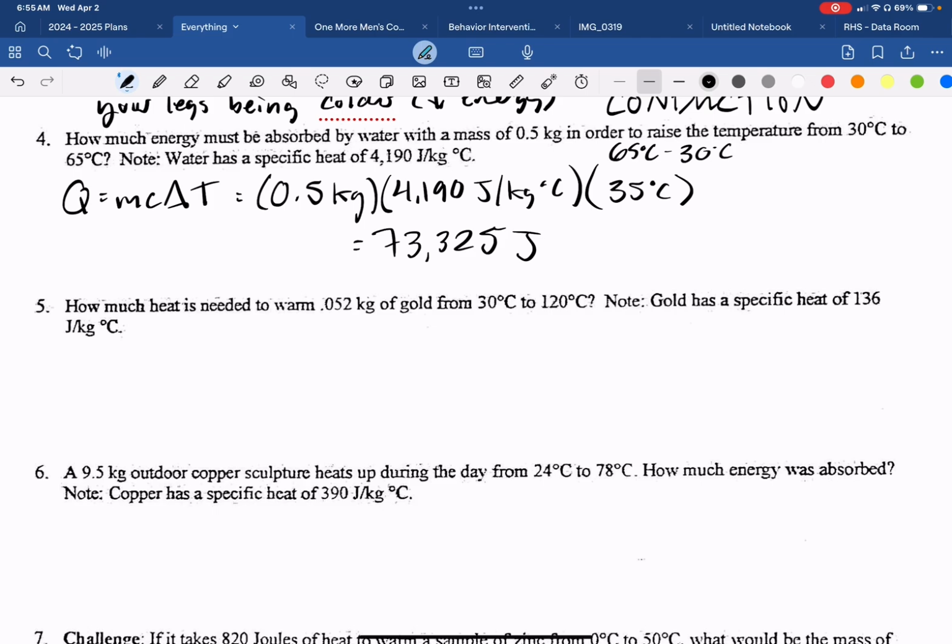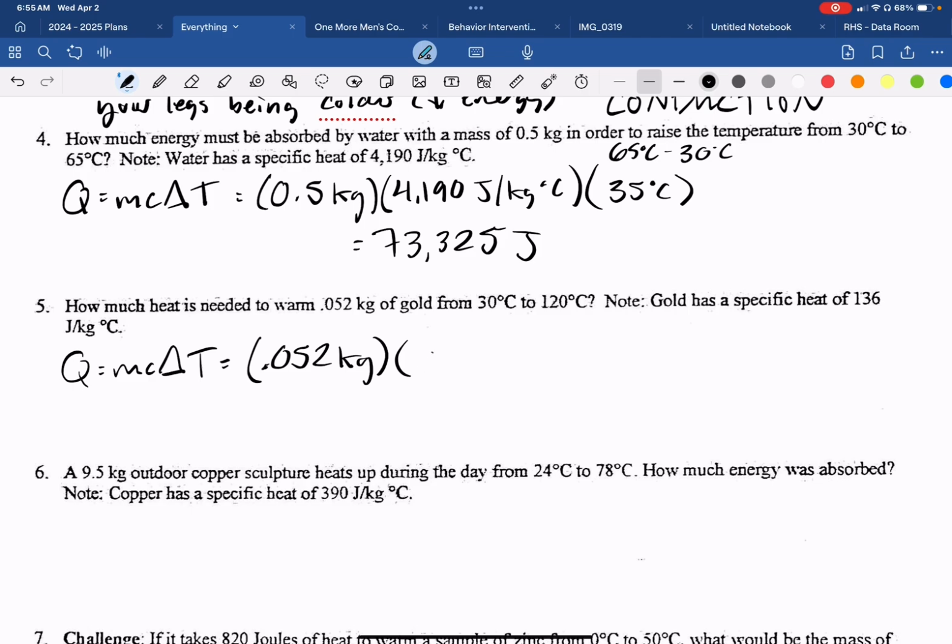Number 5 says, how much heat is needed to warm 0.052 kilograms of gold from 30 to 120 degrees Celsius? Gold has a specific heat of 136 joules per kilogram degree Celsius. Same formula. Our mass is 0.052 kilograms.